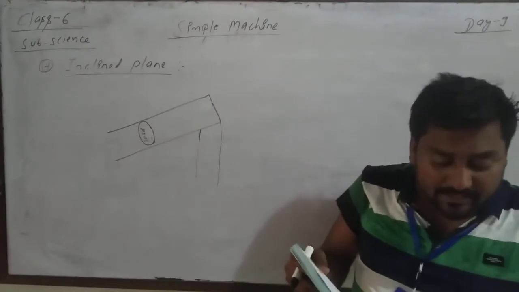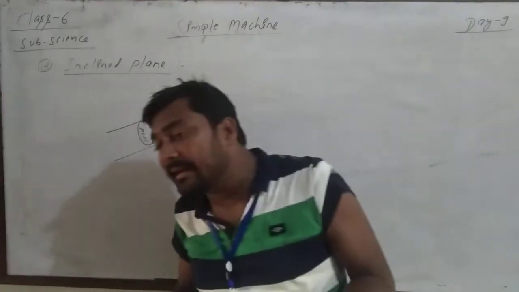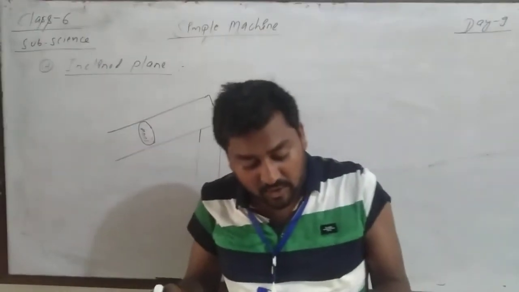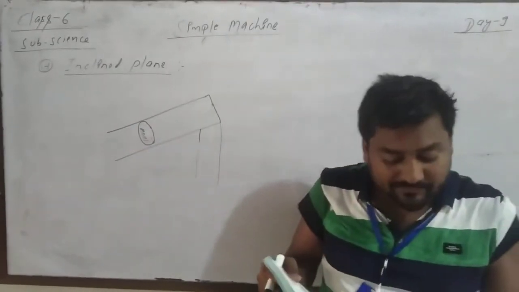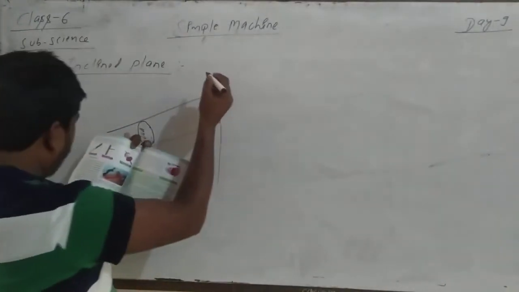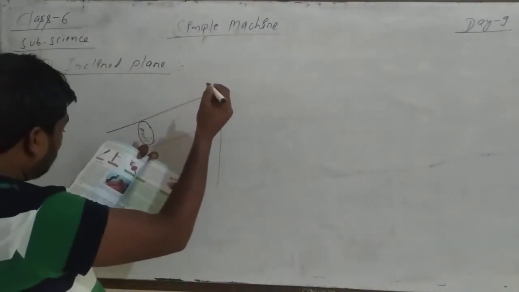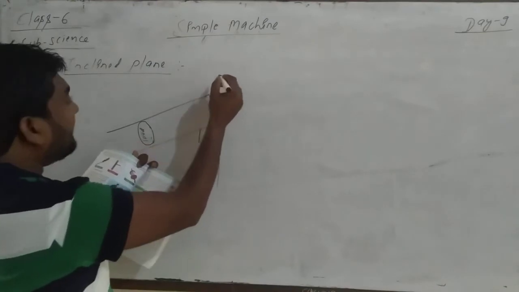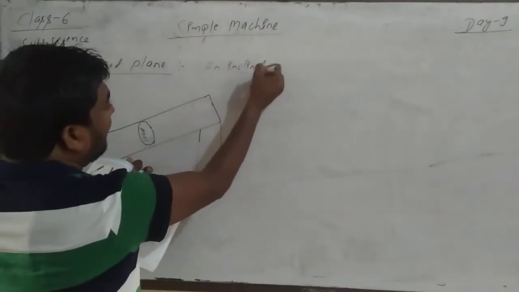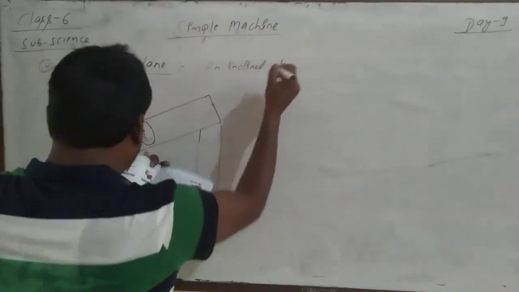An inclined surface at any angle is called an inclined plane. If anybody asks, what is an inclined plane? What do you write here?